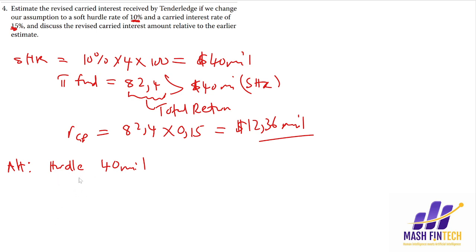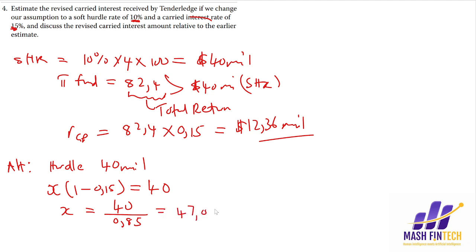You want to get to a certain amount whereby if you multiply this amount by 1 minus 15%, you should get 40. That's what you're basically saying, that there should be this carried interest of 15%. So the amount X has to be 40 over 0.85, and this gives you 47.06 million.